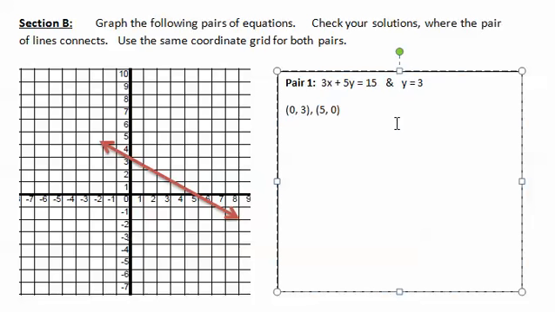Now we want to graph y equals 3. In this particular equation, it's easy to graph. It doesn't matter what x is. Y is always going to be a positive 3. So let's graph that, and you'll see that y is 3, and so we've got a straight line going across here where it shows that y is 3.